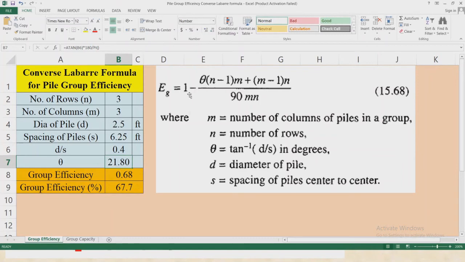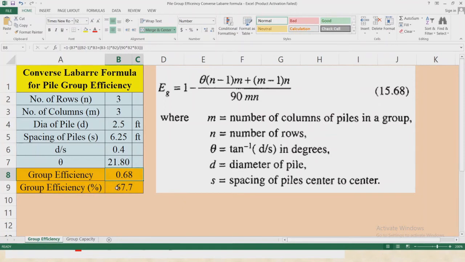Now I will just formalize this equation in Excel: 1 minus theta into (n minus 1) into m plus (m minus 1) into n, divided by 90 mn. So you can see over here I have just formalized this equation. This will give me a value of pile group efficiency in decimal, which is equal to 0.68.